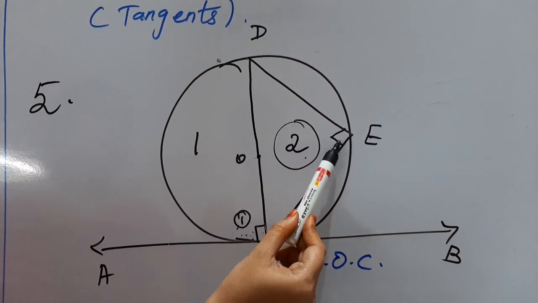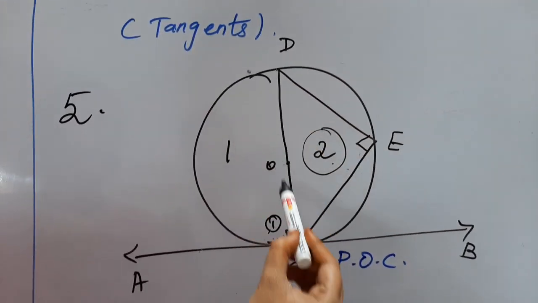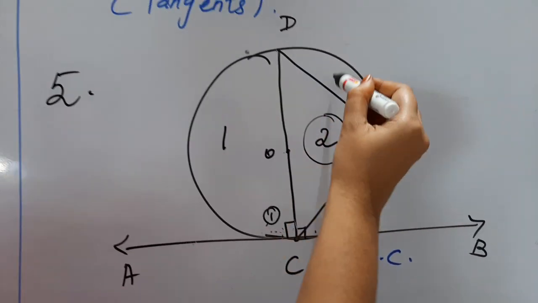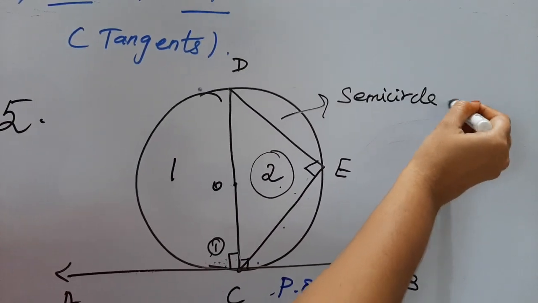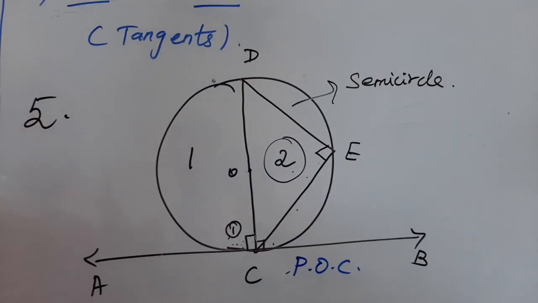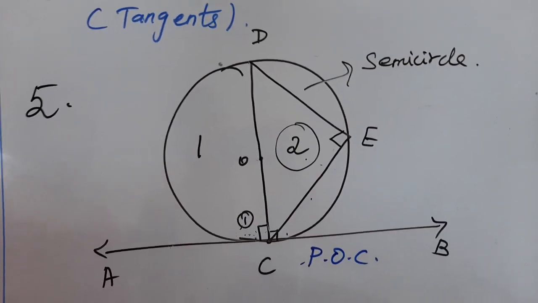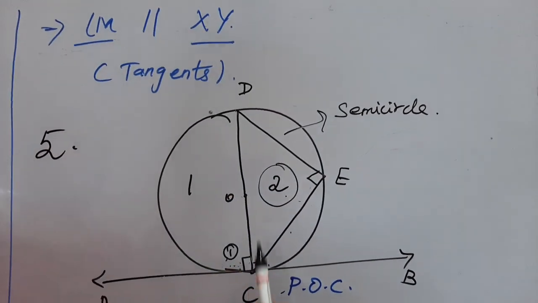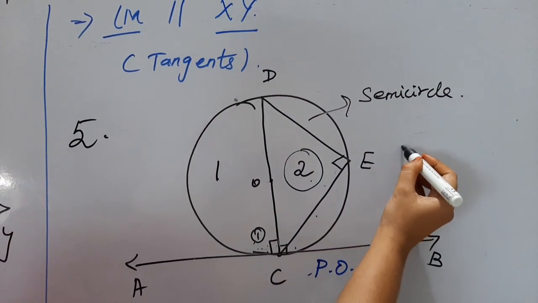If E is 90, what about this portion? What about this segment then? This segment becomes a semicircle, because only for a semicircle in a circle the angle made will be 90 degrees. If CDE becomes a semicircle, what is CD?